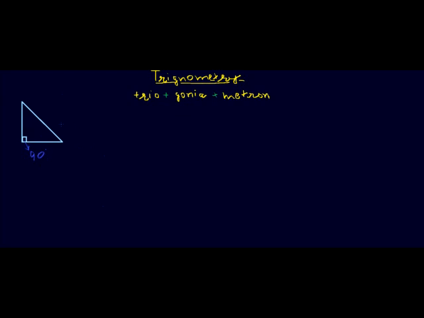Right angle triangle. And we know the basics of a right triangle, that the side opposite to the right angle is the hypotenuse. Let's say it is H, which is hypotenuse.